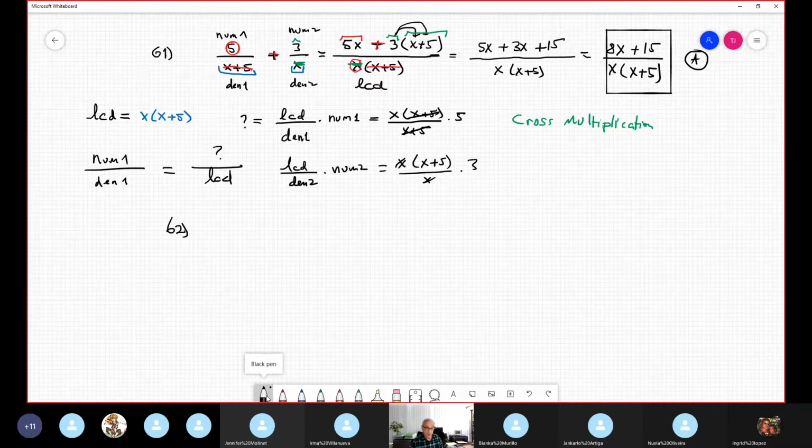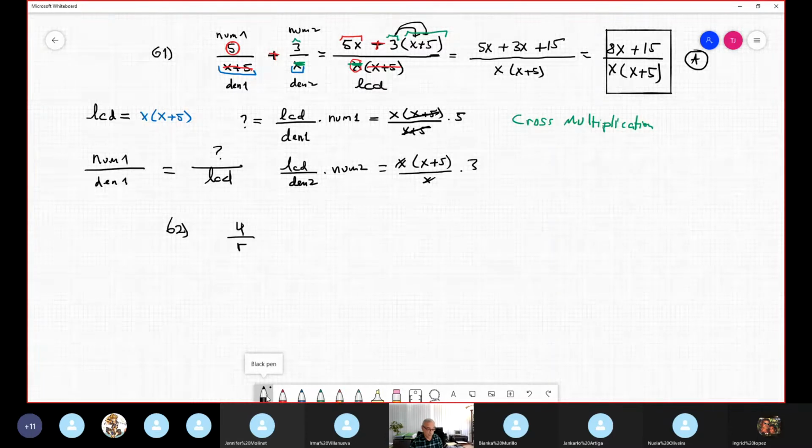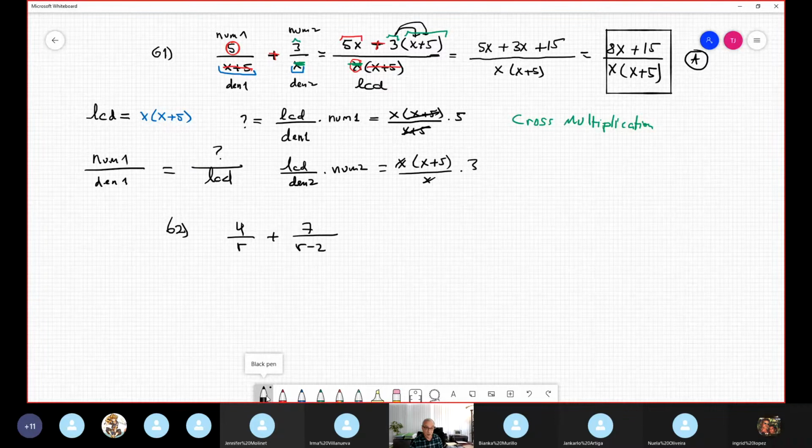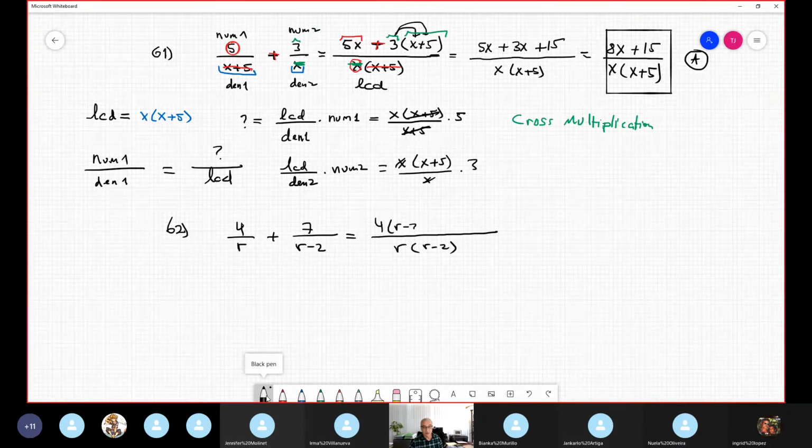Suppose 62 is 4 over r plus 7 over r minus 2. Okay, step number 1. Find the least common denominator. It's both: r times r minus 2. Then 4 times r minus 2, because this r minus 2 is missing here.